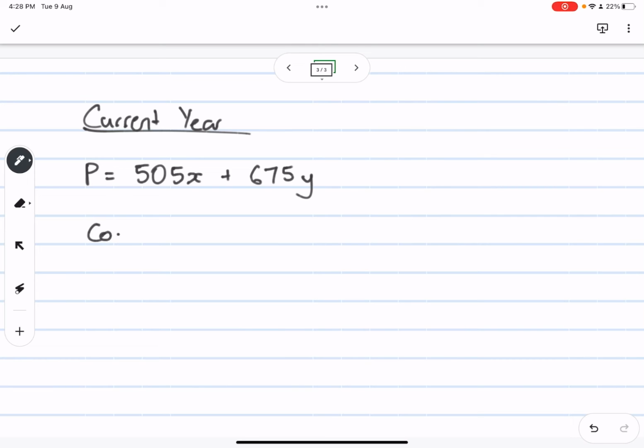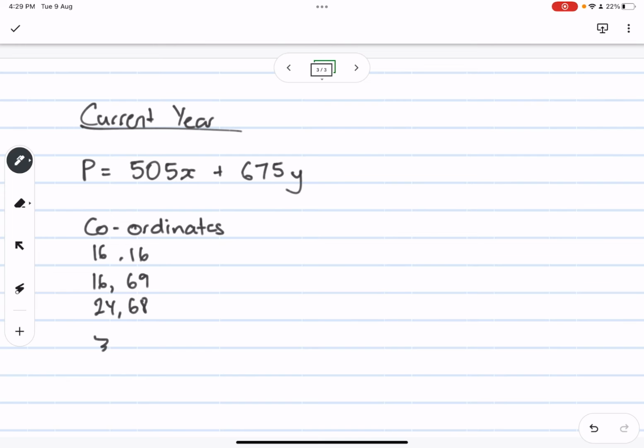So for each of our critical points, we have our coordinates, which were 16,16, 16,69, 24,68, and 37,16.